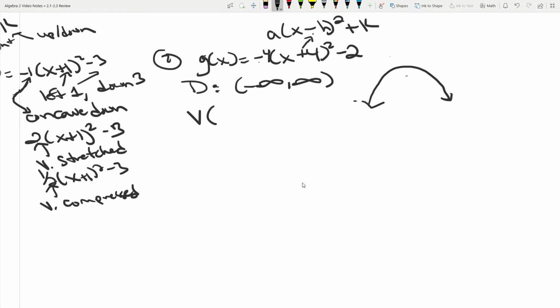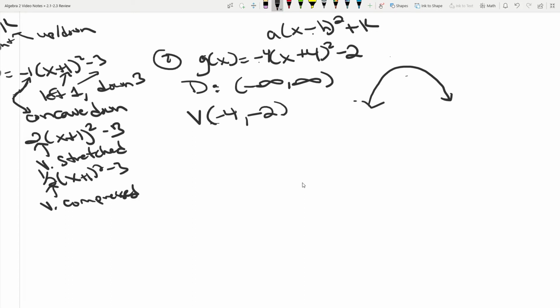If you see a plus 4, it'll be negative 4. So it's the opposite for the x value. For the y value, it's exactly what you see, so it's going to be negative 2. If you see a positive for the x value, it's going to be negative. If you see a negative for the x value, it's going to be positive. So just flip the sign for the x. That's how you find the vertex.